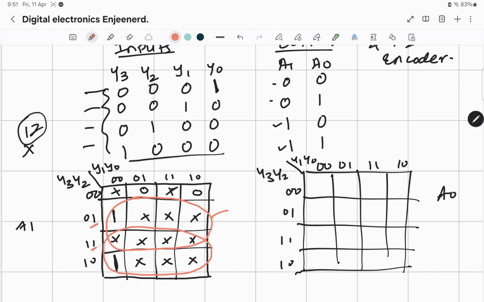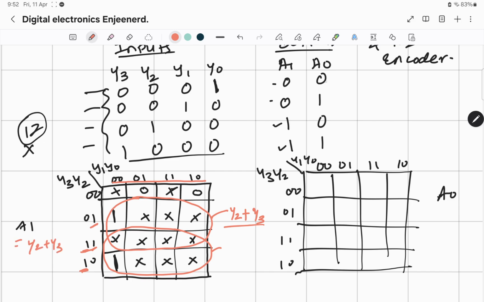I think y2 is remaining the same, and here everything is changing, right? So y2 plus, since this is an SOP, I have only one variable here, so the product is only one. Let us do the sum. For the second group, what is remaining constant? These are all changing throughout, so I need not write them. What is remaining common in these two rows? I think y3 is remaining common here, right? 1 1. So y2 plus y3. So your A1 is equal to y2 plus y3.